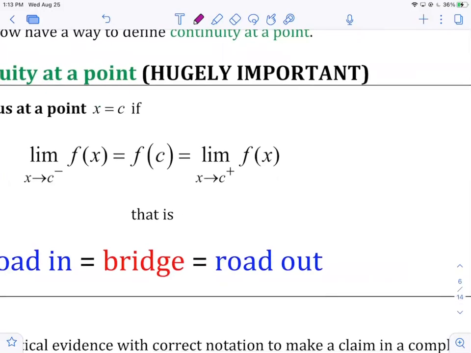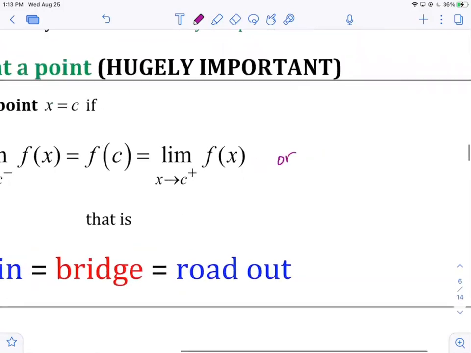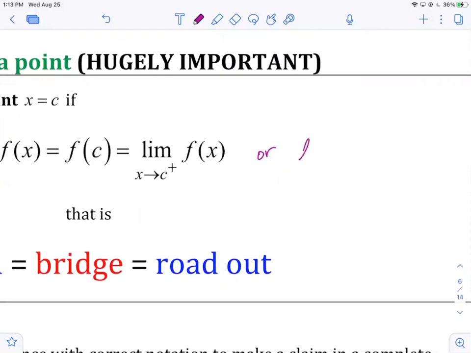But you could also do this, right? Or if you want, you could say the limit as x goes to c of f of x equals f of c, right? That accomplishes the same thing, doesn't it?